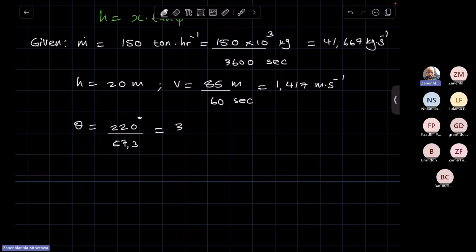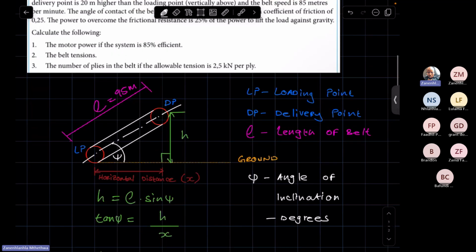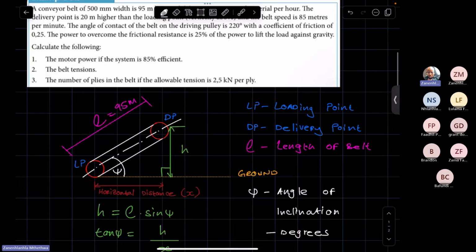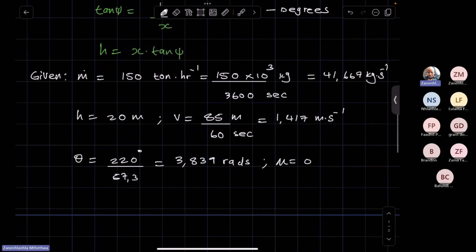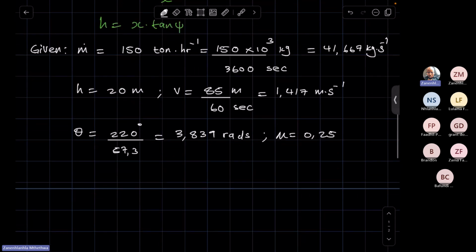So this is 3.839, and this is in radians, right? With the coefficient of friction, so mu is 0.25, right? The power to overcome friction is 25% of the power to lift the load against gravity, right?